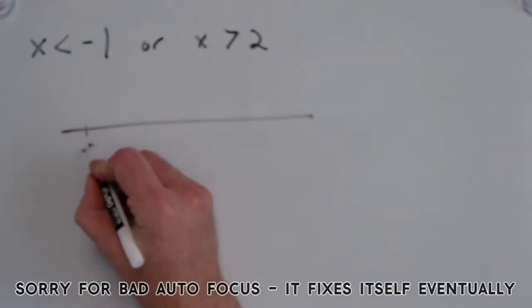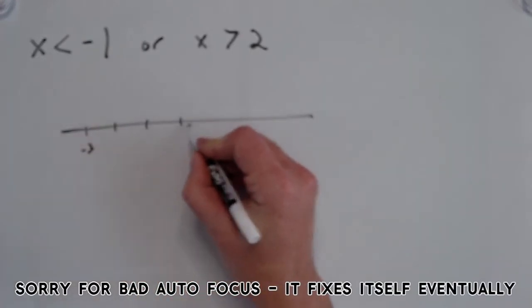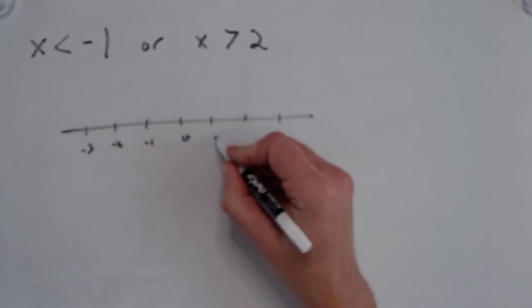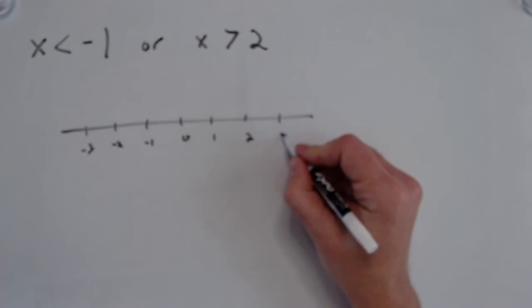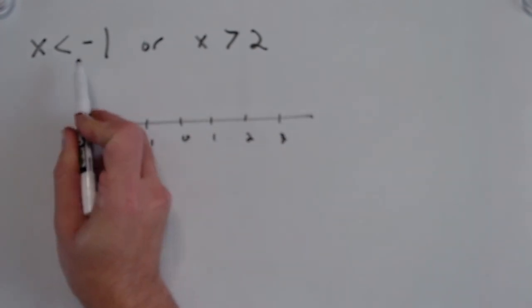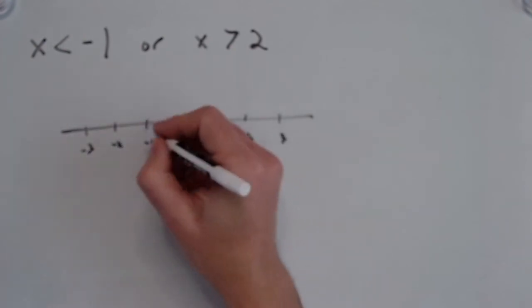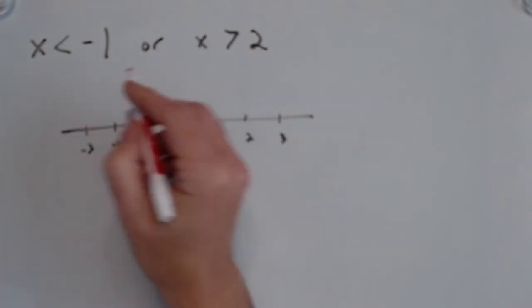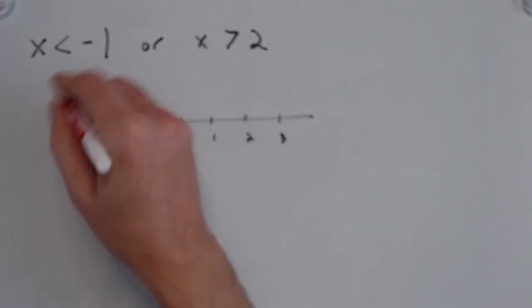We're going to go from negative 3, negative 2, negative 1, 0, 1, 2, and 3. So we know that x is less than negative 1. So here's negative 1. Let's get some other colors. We'll do this in red. So we know it's less than negative 1, so it's not equal to negative 1.